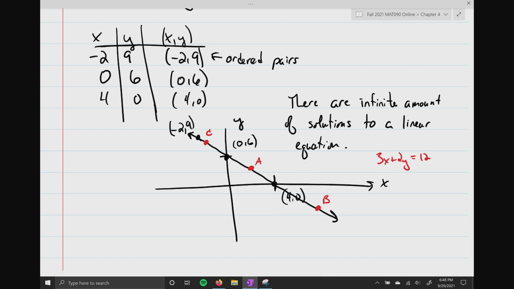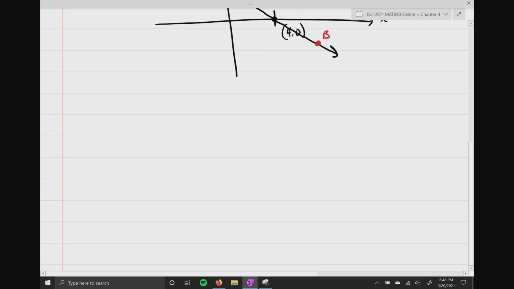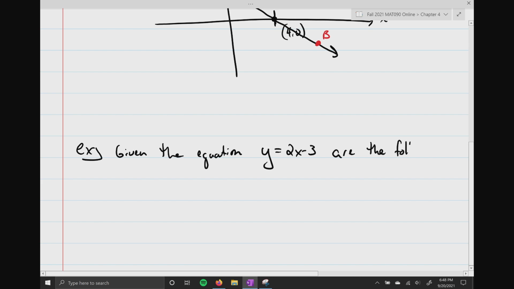All right? So what I want us to do now is let's do a couple of examples. All right, let's explore this a little further. So, given the equation y equals 2x minus 3, are the following ordered pairs solutions?